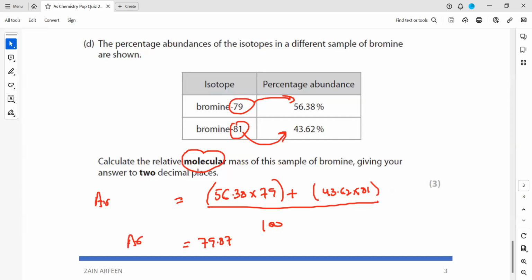But the question is about the molecular mass, the mass of a molecule. And a molecule of bromine is Br2. So it will be 79.87 multiplied by 2, the average mass of a bromine times 2, which gives the total mass of this molecule, 159.74 grams per mole.